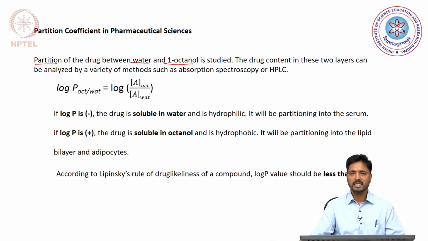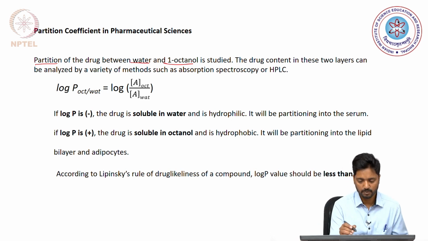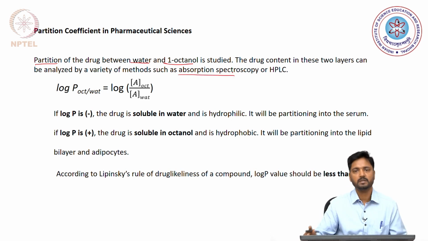Now, the drug content in these two layers after the solvent extraction can be analyzed by a wide variety of analytical techniques. The most common that are employed are absorption spectroscopy.